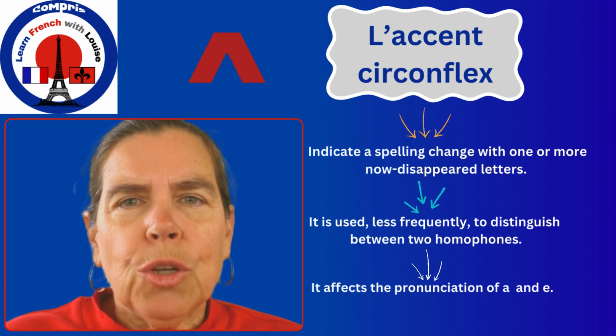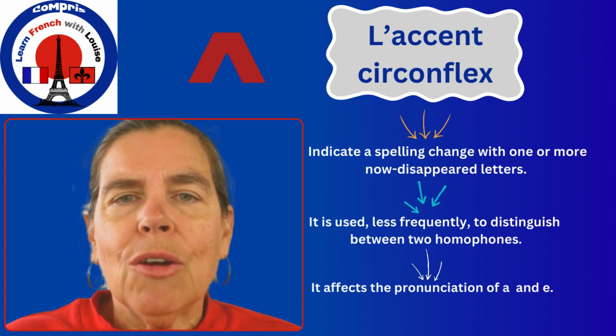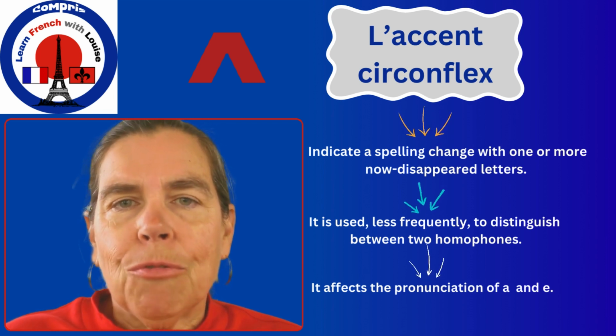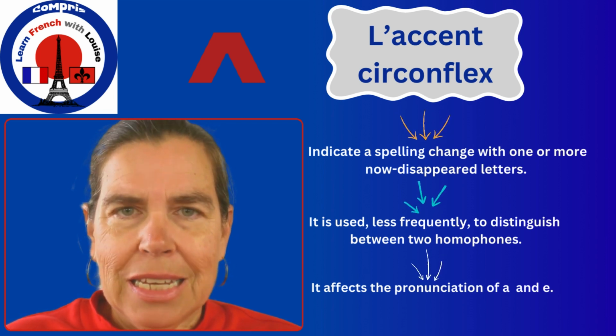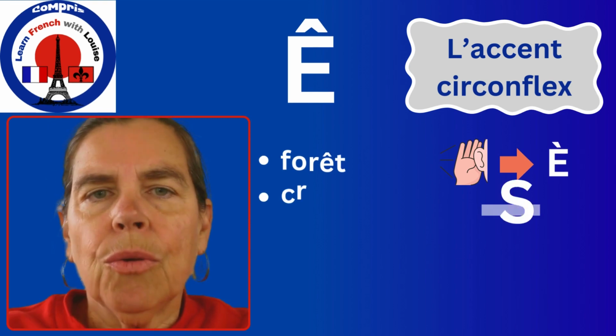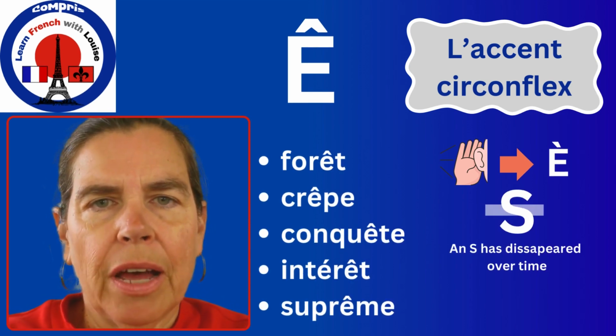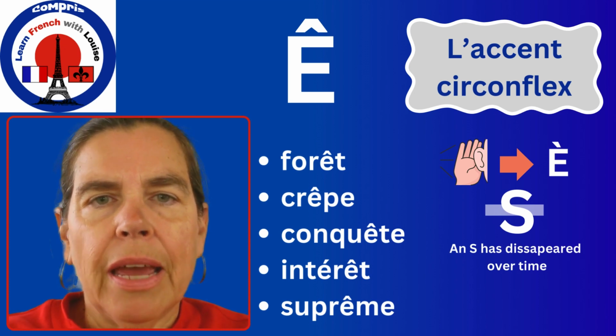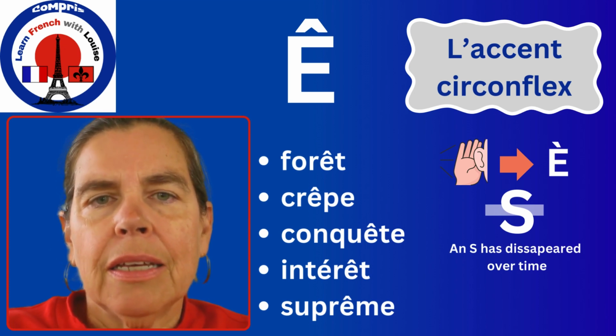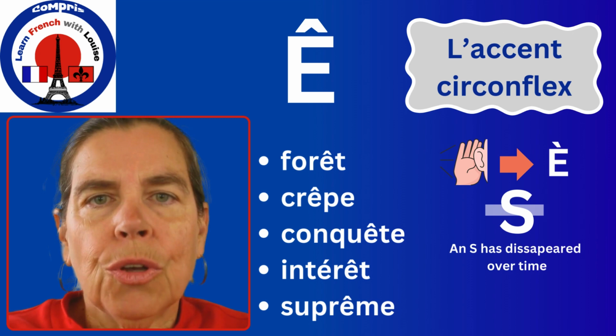L'accent circonflexe will not change the sound of a letter except for the letters A and E. E with accent circonflexe has the same sound as E with accent grave. So the sound is E. So let's practice with a few words.